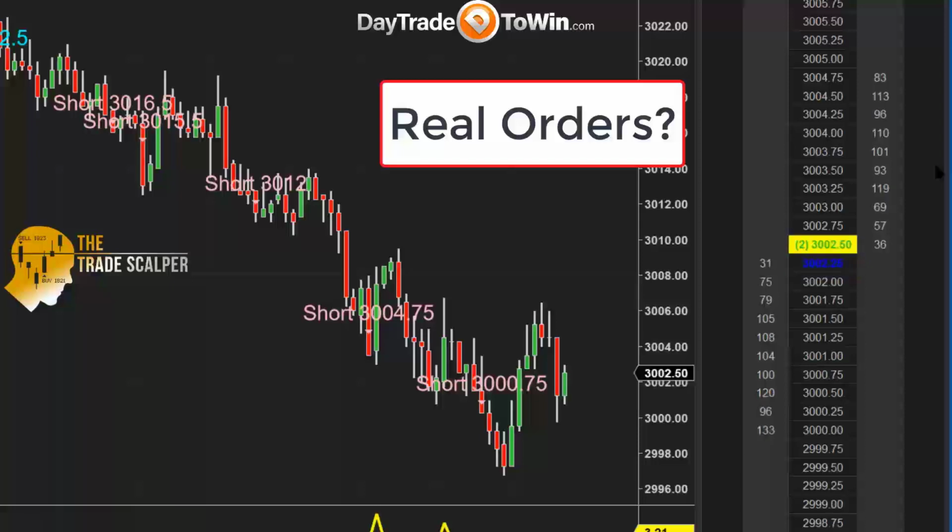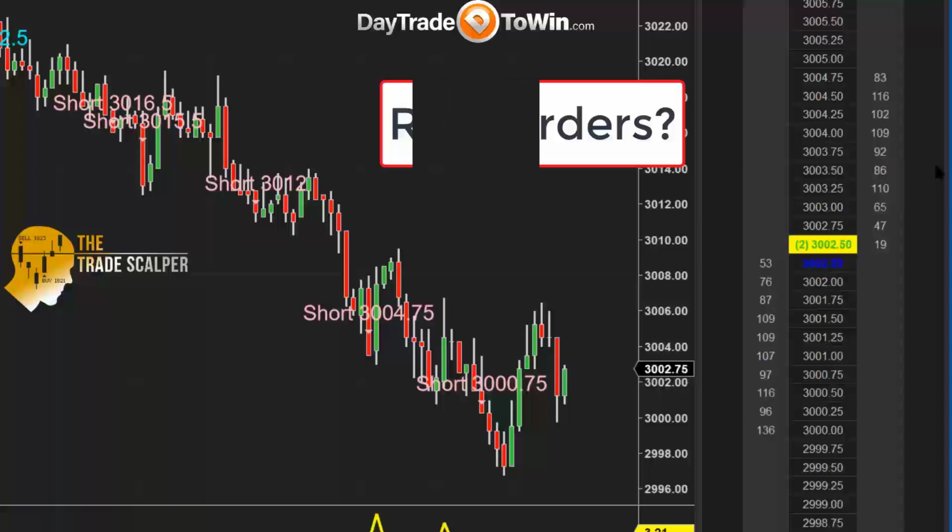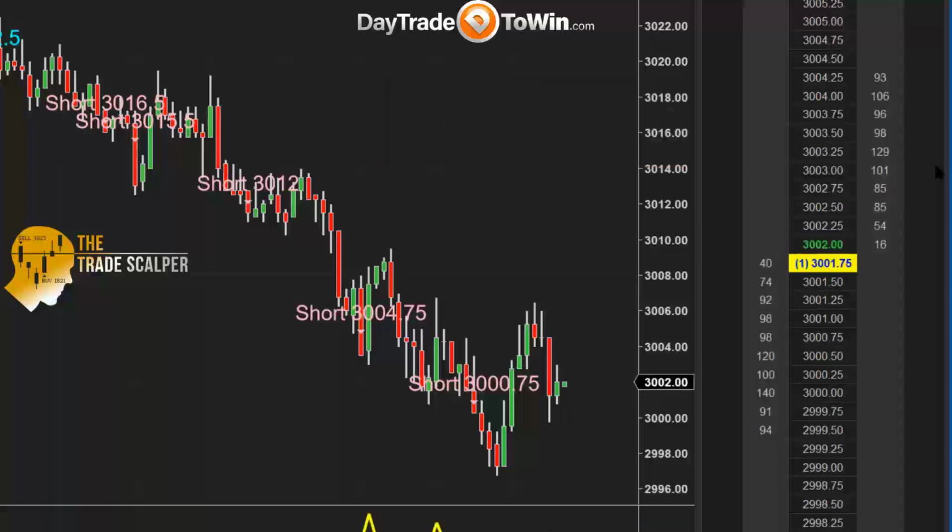The problem is that these values and these numbers and these trades that are waiting to be filled can easily be manipulated, and they shouldn't be trusted when you're looking at support and resistance and trying to assume that there are values and contracts waiting to be filled that really want to be filled.